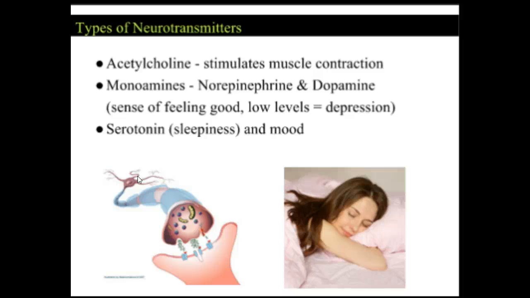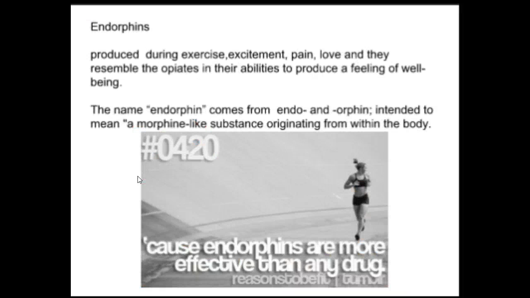Also talk about norepinephrine and dopamine. These give you a sense of feeling good, or if you have low levels of these, it often creates depression. We have neurotransmitters, serotonin, which cause sleepiness and mood. It has a lot to do with our moods.